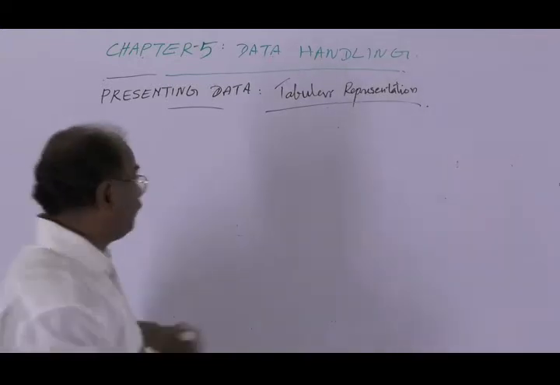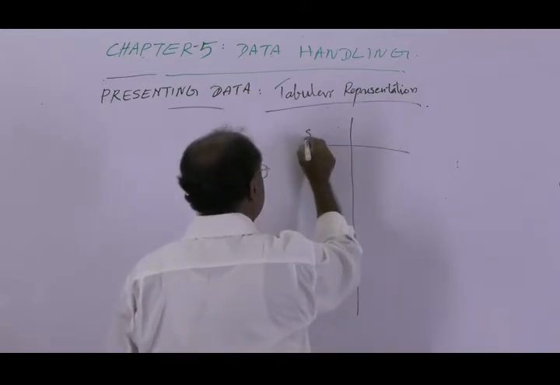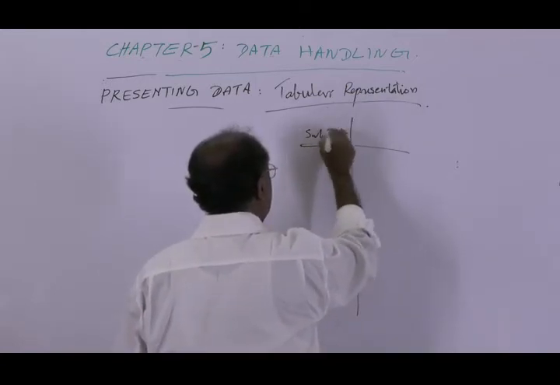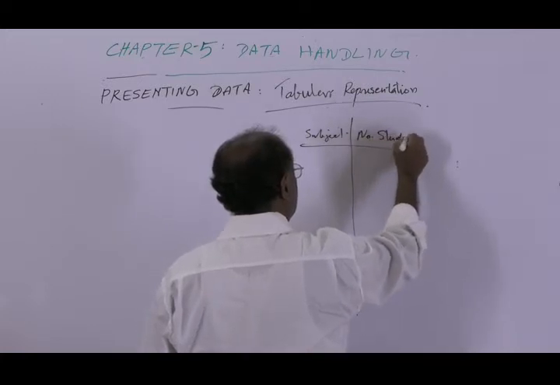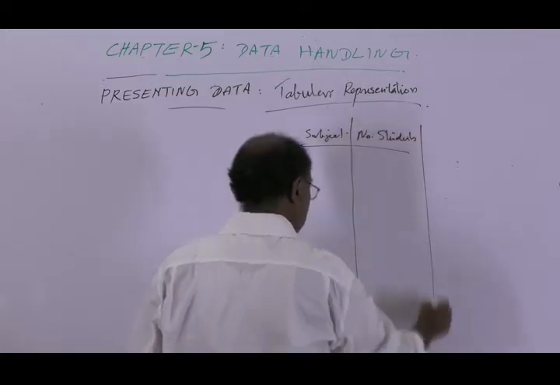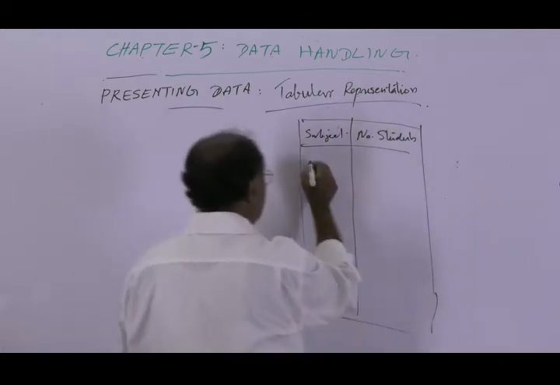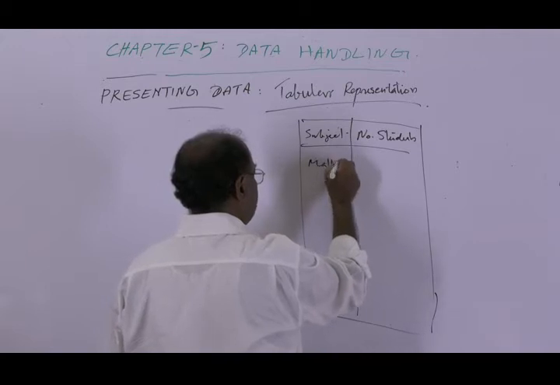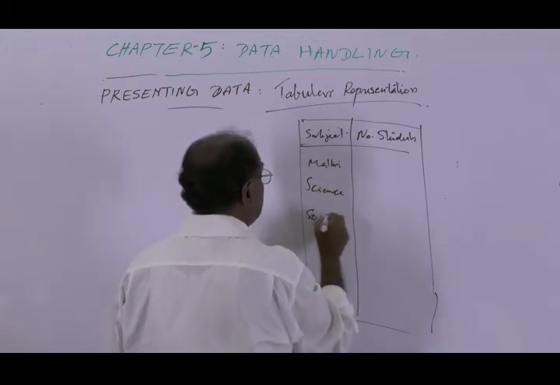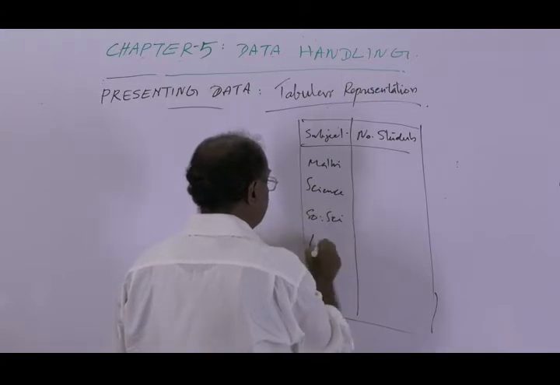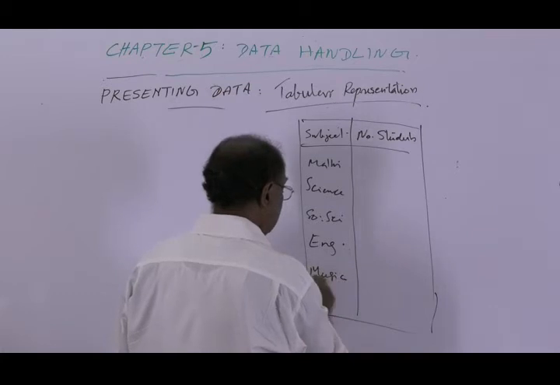One column for the name of the subject, and the other column for the number of students. So first maths, science, social science, English, music.